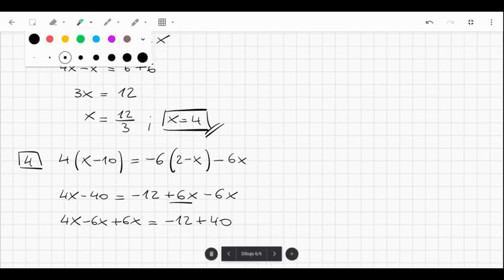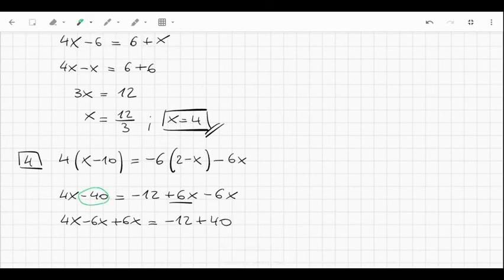Why plus 40? Because this is minus 40 and it moves to the other side, changing the sign. So plus 40, okay?